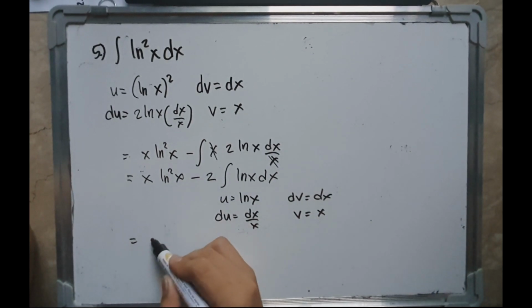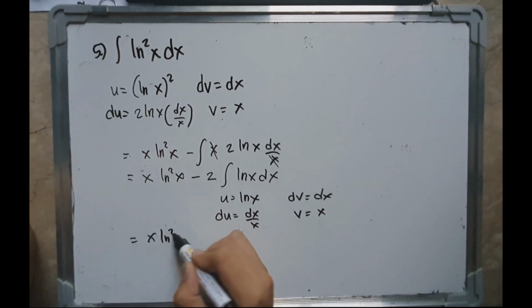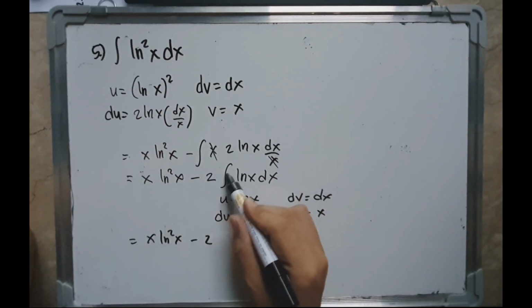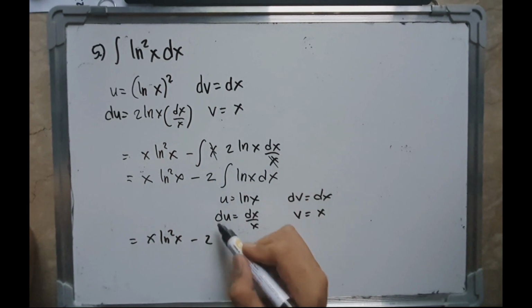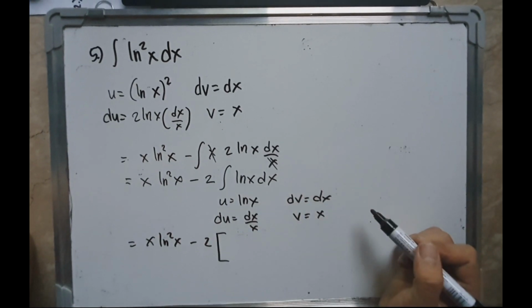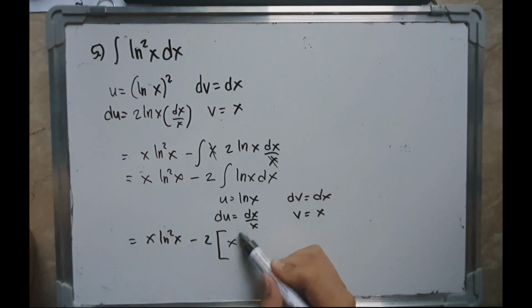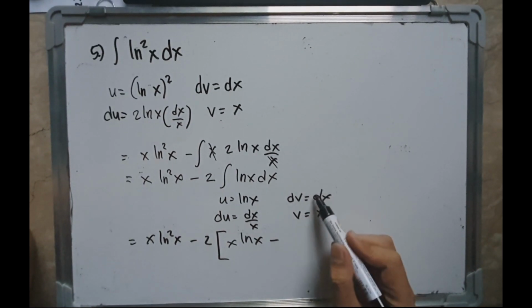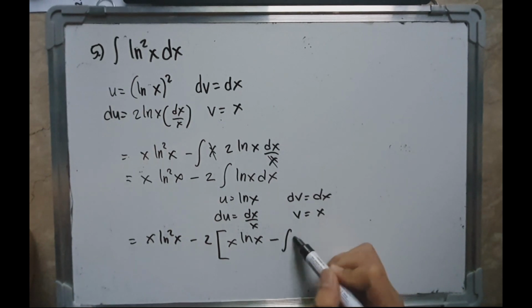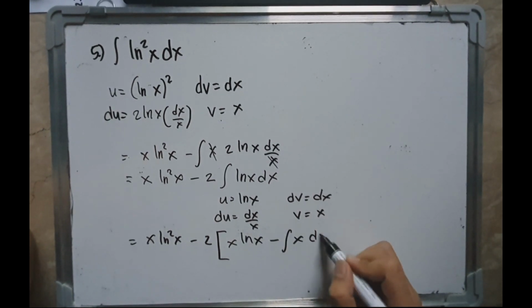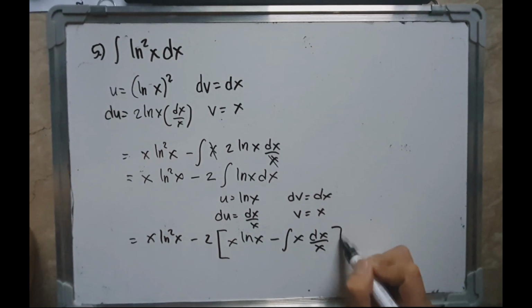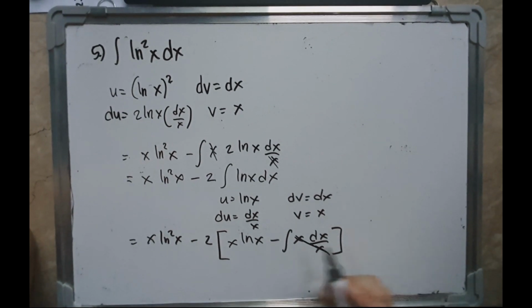So we now come to x ln squared x minus 2 times the integral of this portion right here, that is via by parts, u times v, x ln x minus the integral of v times du, dx over x. Cancel.